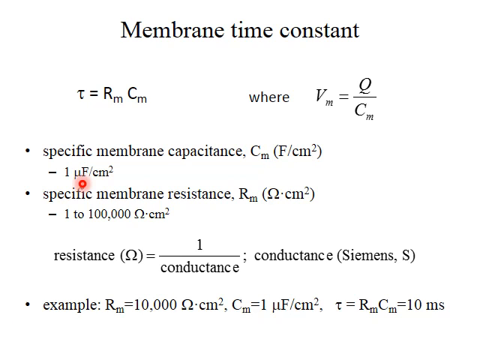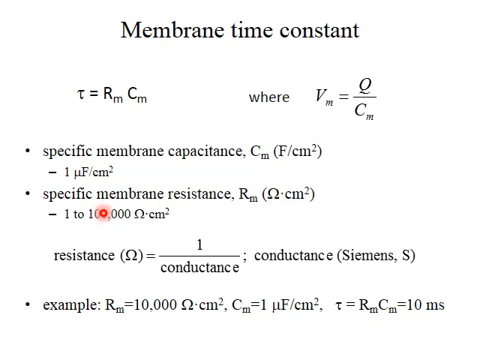And very conveniently, because all membranes of cells have approximately the same structure, the specific membrane capacitance of all cells is constant, and it equals approximately 1 microfarad per square centimeter. So we don't have to worry about the value of the capacitance changing. It's a constant, and it equals approximately 1 microfarad per square centimeter.